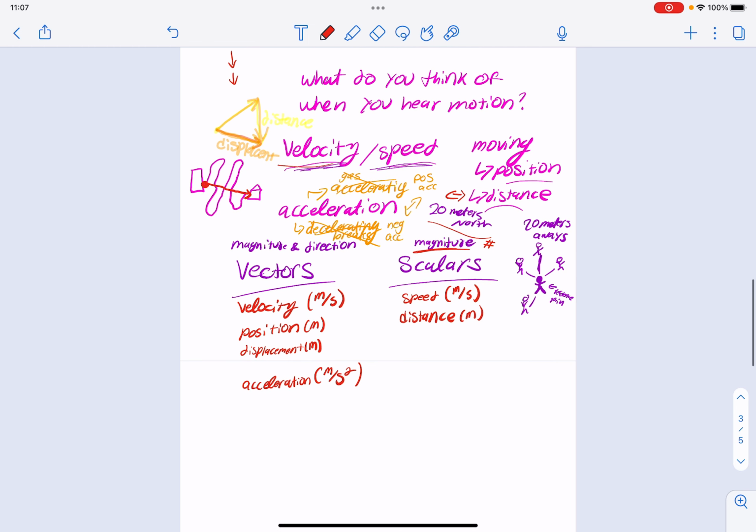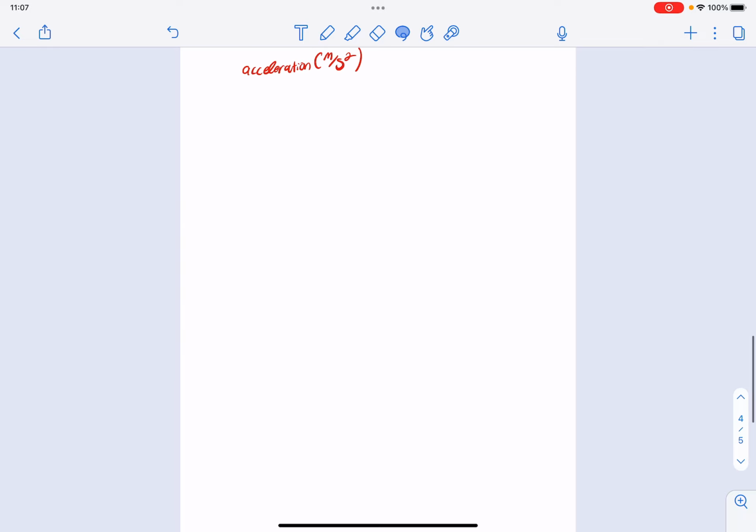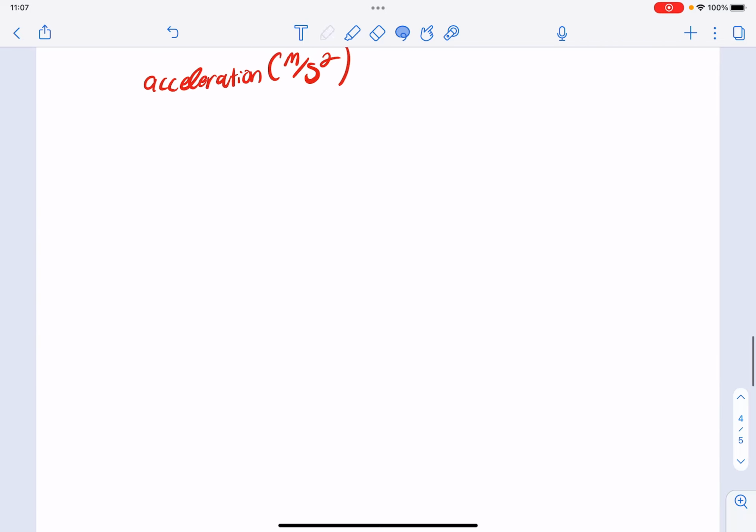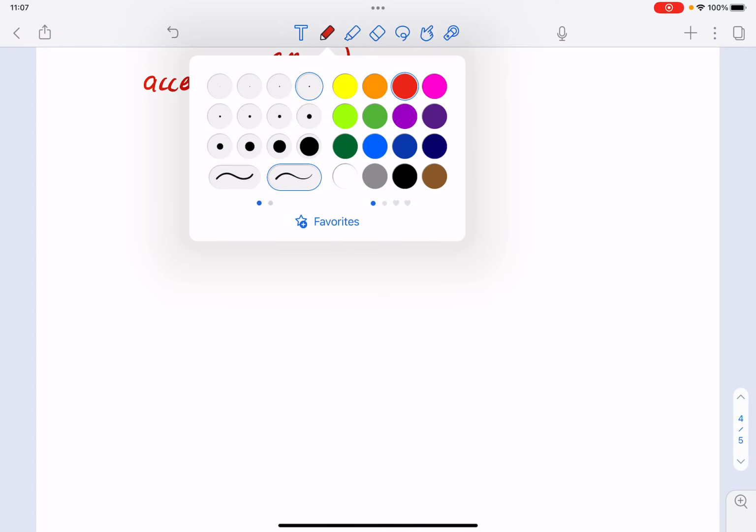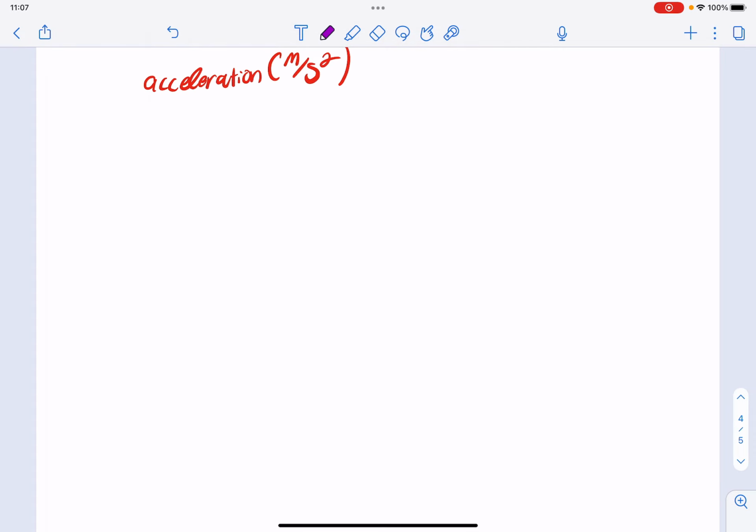Okay, so when it comes to motion, let's say that Susie walks from her house 20 meters in the positive direction to Sally's house, right?